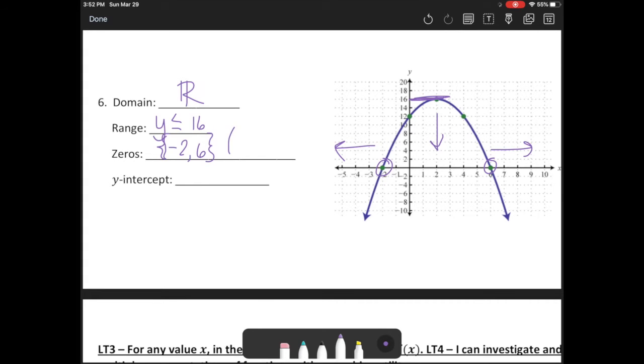Or I can list it as points, -2, 0, and 6, 0, okay? The y-intercept is right here, 0, 12. All right, so you just have to be able to look at the graph, and when they ask for zeros and y-intercepts, you just have to know which points they're talking about. The graph will give you the information as long as you know what those words mean.